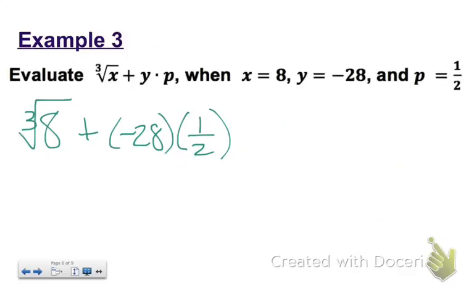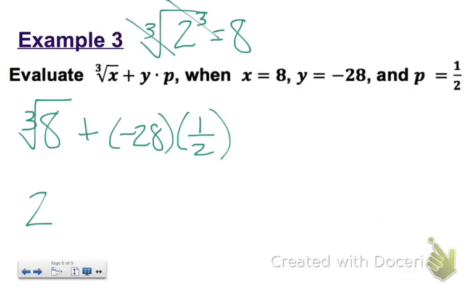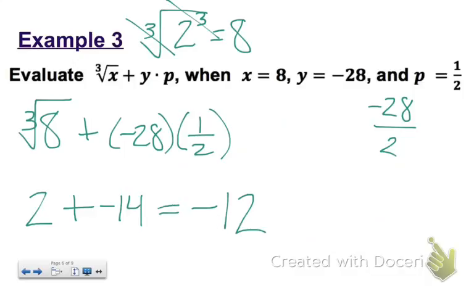And the cube root of 8 is 2, because 2 cubed is 8, and when you take the cube root of something, you undo it. So the cube root of 8 is 2, plus negative 28 times 1/2 is just like doing negative 28 divided by 2, which is negative 14. So 2 plus negative 14 is 2 minus 14, or negative 12.